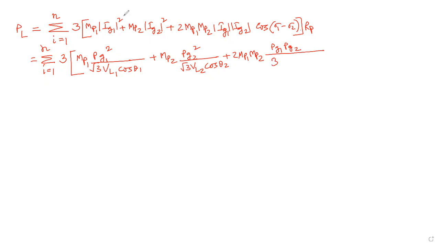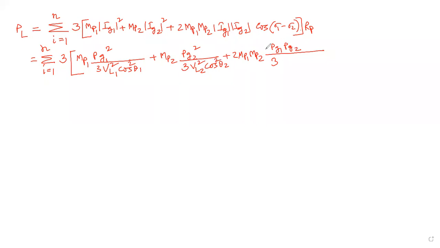Probably I have made a little mistake here, because there is I_G1 squared, so this should be 3 V_L1 squared cosine squared theta 1. Similarly here it should be 3 V_L2 squared cosine squared theta 2.